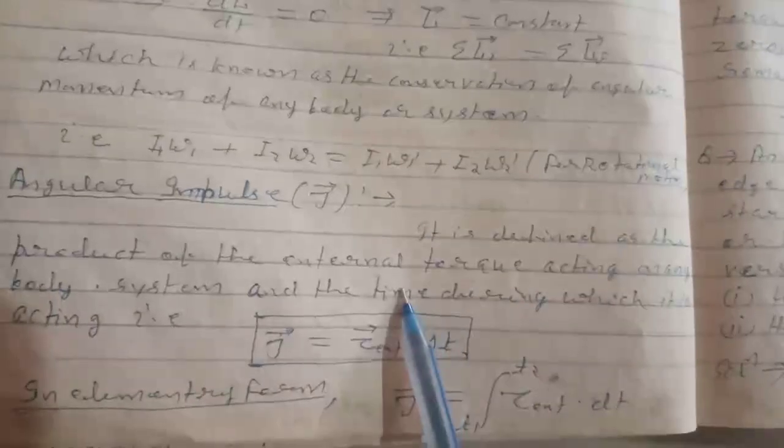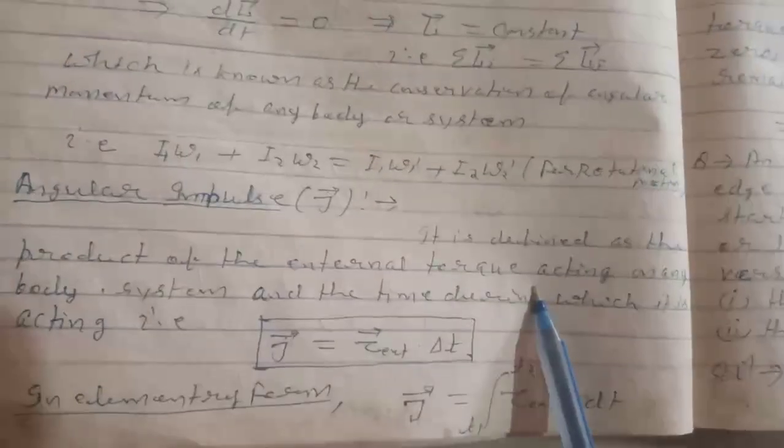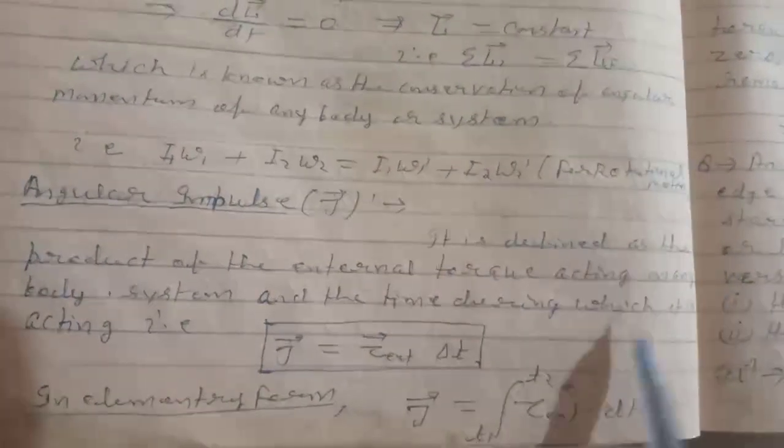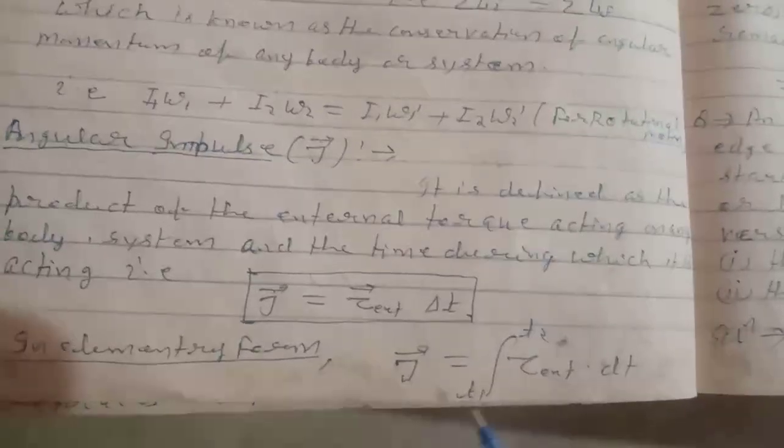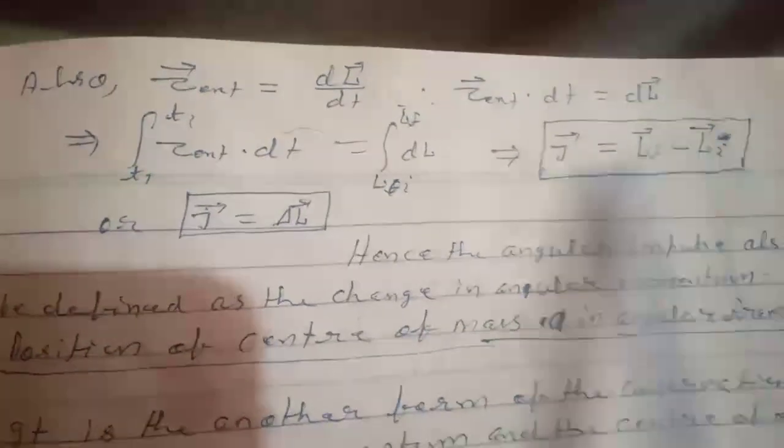Angular impulse J vector. It is defined as the product of the external torque acting on any body or system and the time during which it is acting. That is J vector equal to tau external into delta t. In elementary form, J vector equals integral from t1 to t2 of tau external dt. Also tau external equals dL by dt, so tau external dt equal to dL vector.